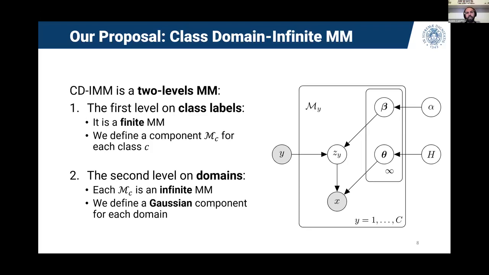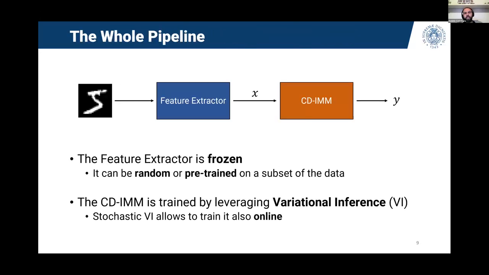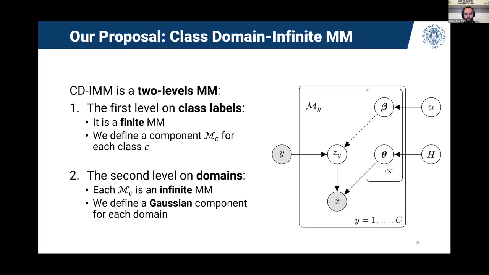So this means that each model that represents the distribution of a class is modeled as an infinite mixture model, where each component is used to model a different domain. We use an infinite mixture model because we don't know a priori the number of domains that are inside a class. Each domain is then modeled as a Gaussian component.